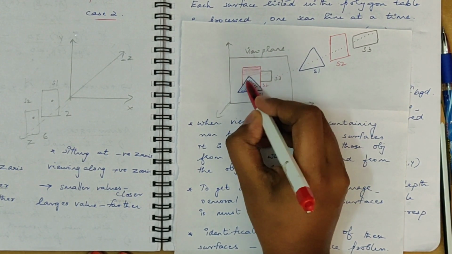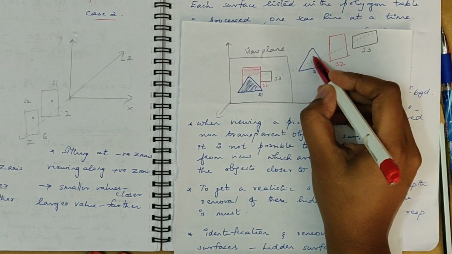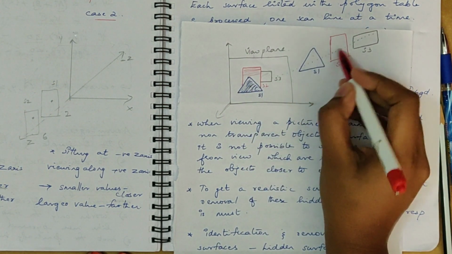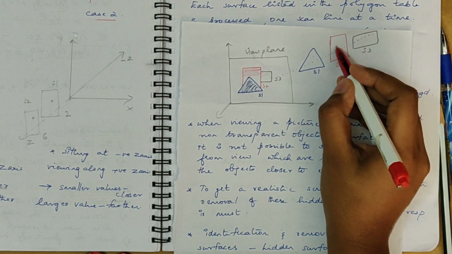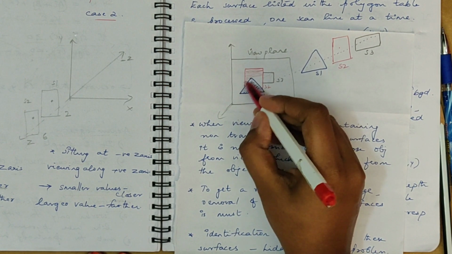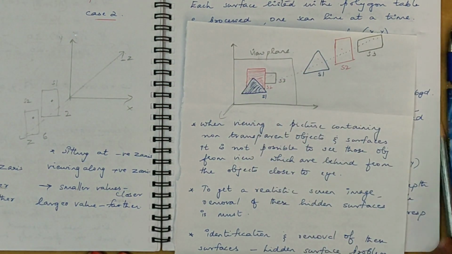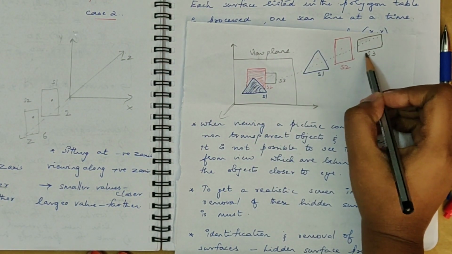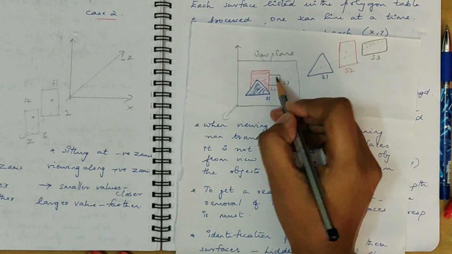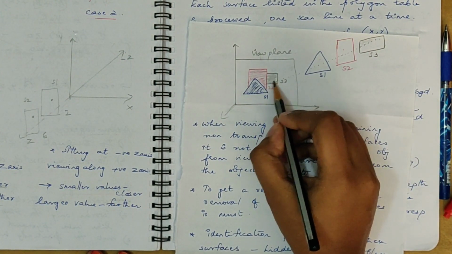When the overlapping points come at this pixel position, this depth value is closer to the origin than that value, so it will be hidden and will not be stored. It will go behind the object. Finally the third surface will be taken. All these parts are hidden, only this part is visible. Again the depth value will be compared, and only these intensity values will be stored.